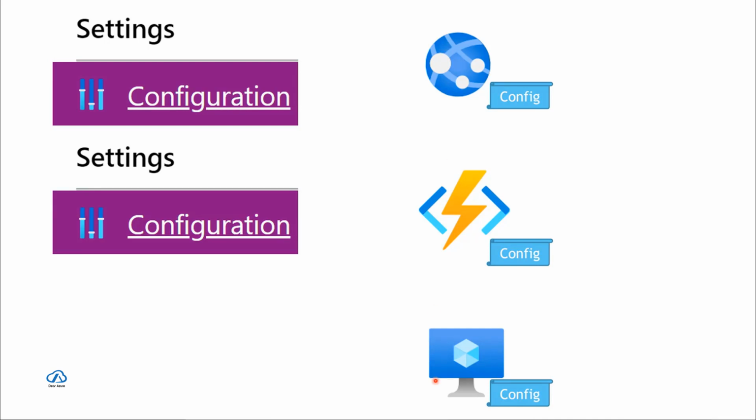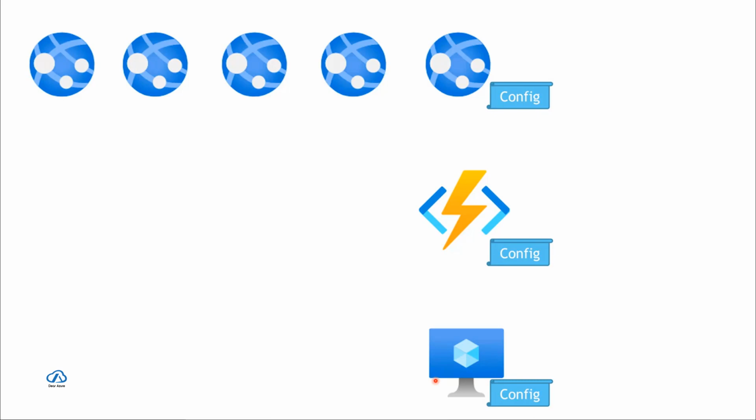Anyway, now let's say that we want to deploy multiple instances of the app service. We know that all of these additional app services cannot access this config file because the config file cannot be shared across multiple app services. This is by design.